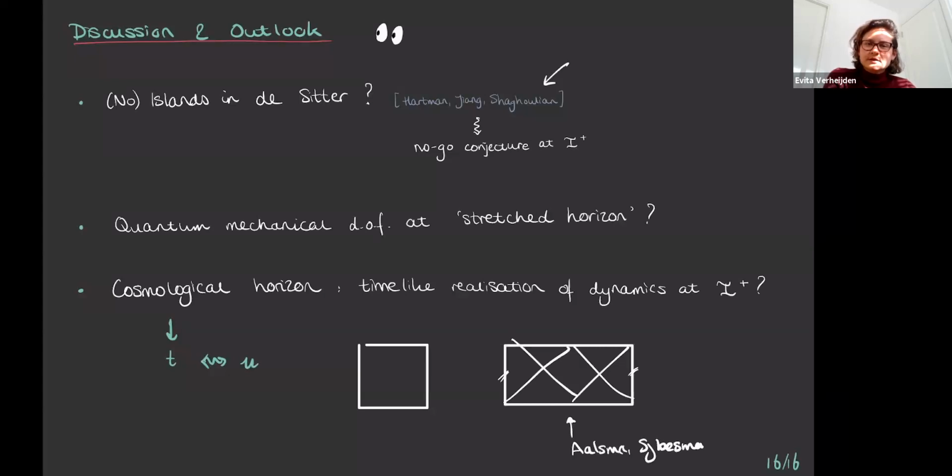And what we're seeing is that a good candidate location for this could be this cosmological stretched horizon. But this is something that we should explore further to see if you can indeed locate these microstates there.